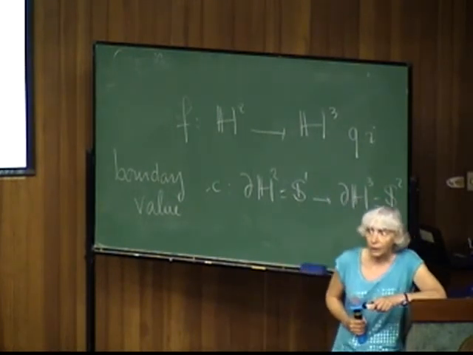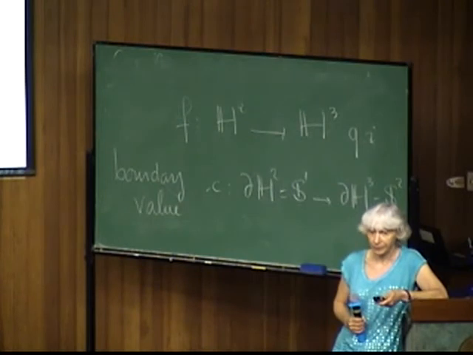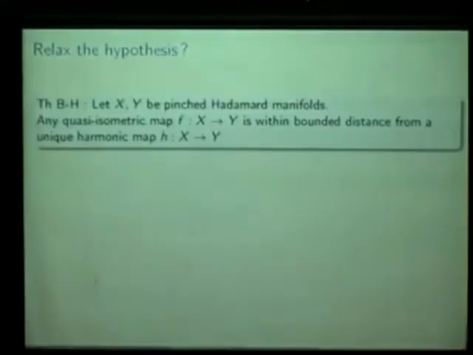Now what I want to do is wonder whether we can relax the hypotheses in our theorem. For example, we can try to relax the pinching hypothesis and allow for some zero curvature. In this case, this may work and this may not work.